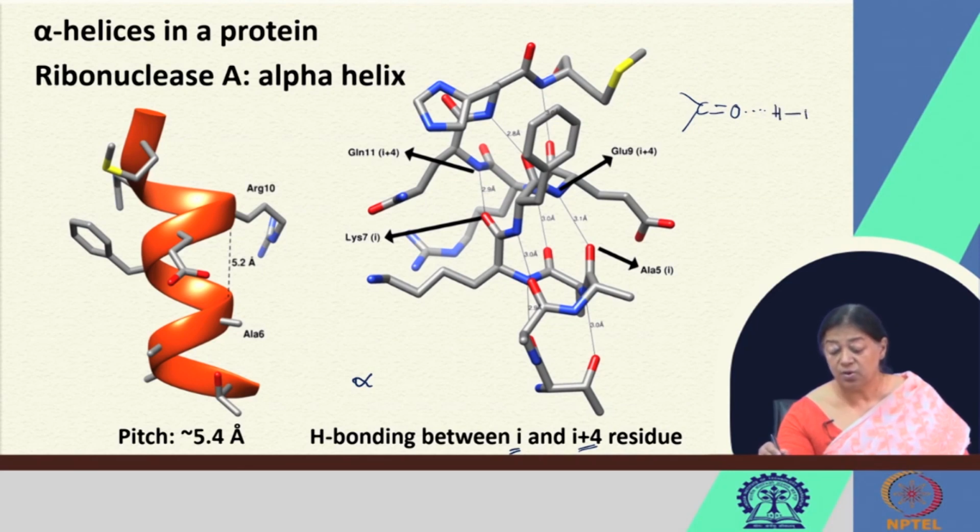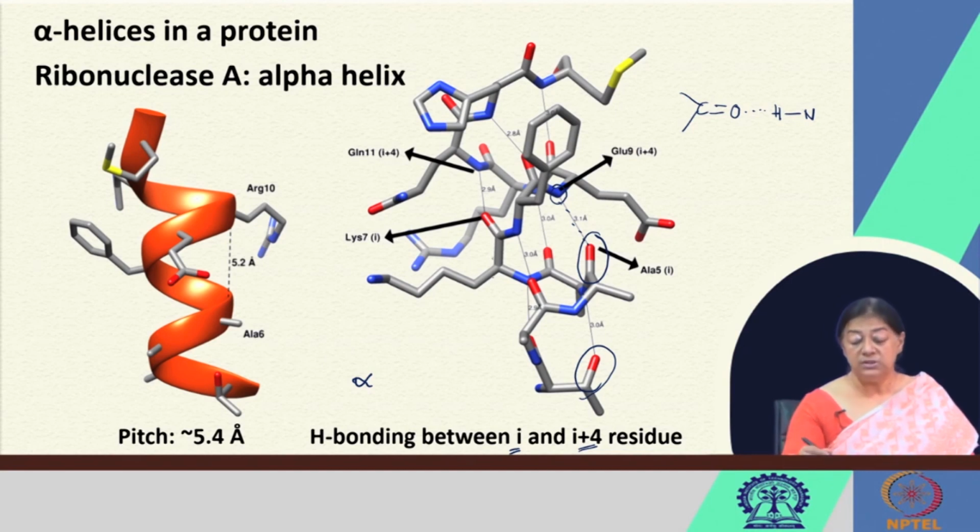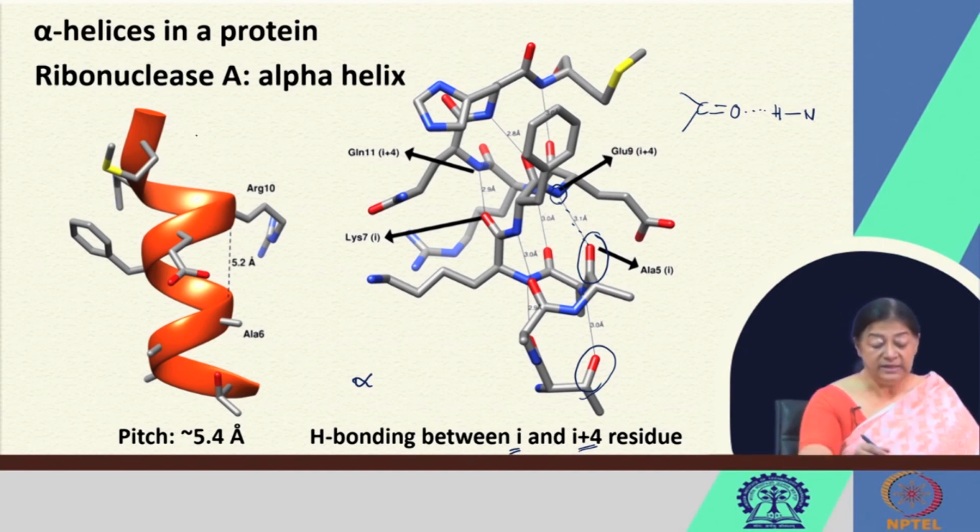If we look at a specific residue, this is our C double bond O and this is our NH behind there. This is a C double bond O and this is our NH. This bond is the hydrogen bond that holds the helix together in this particular orientation.